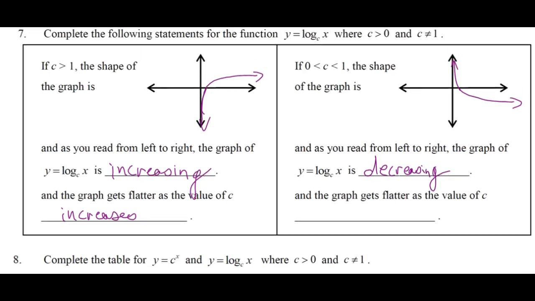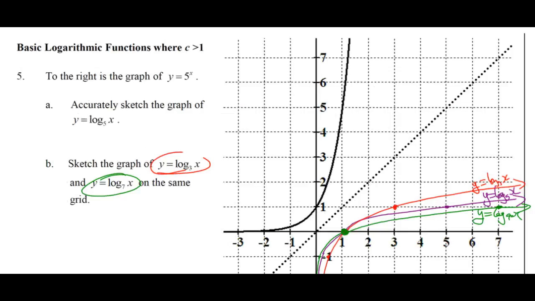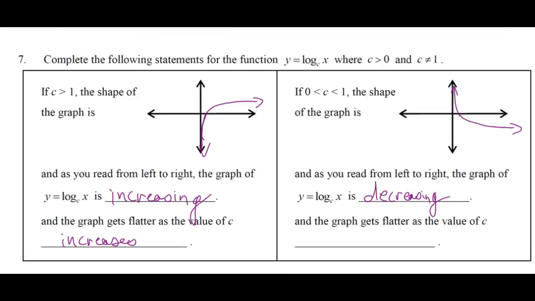And the graph gets flatter as the value of c decreases. Flatter is going up this way, so decreasing, right? 1/3, 1/5, 1/7.